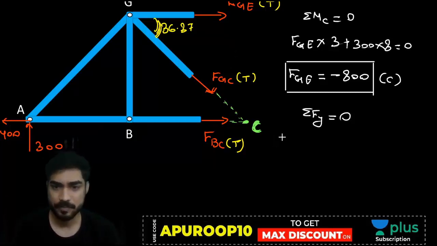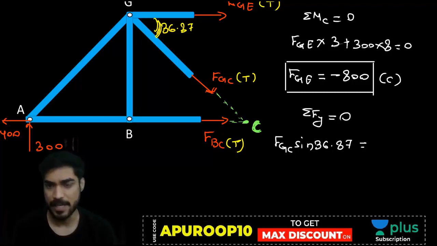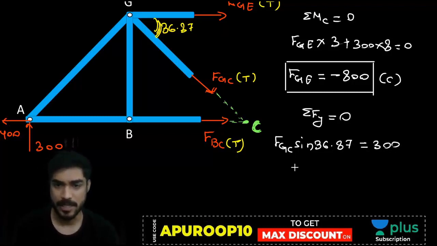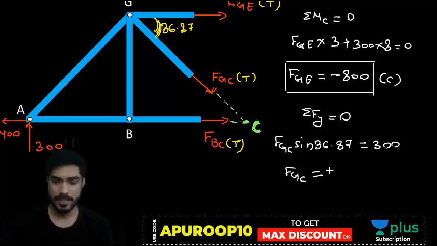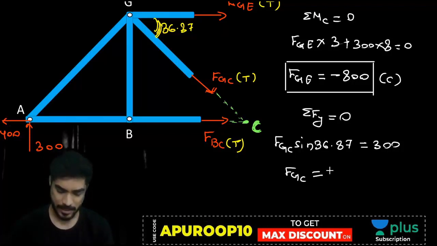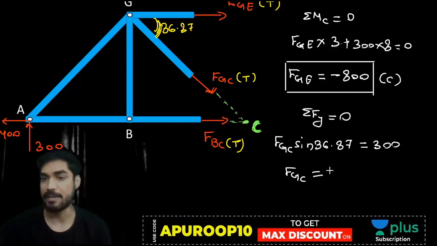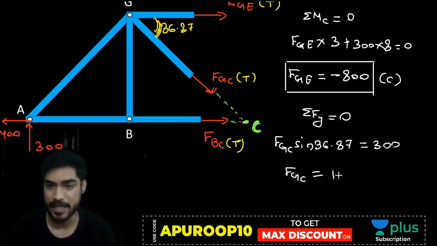FGC sine 36.87 equals 300. So how much is the force in GC? 300 by sine 36.87, which is 180. Are you getting 180?